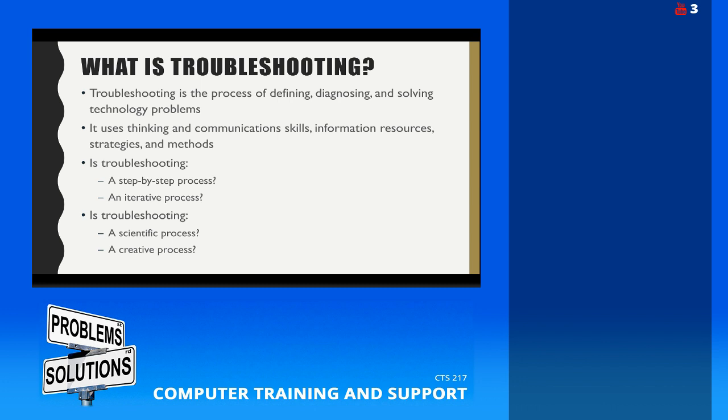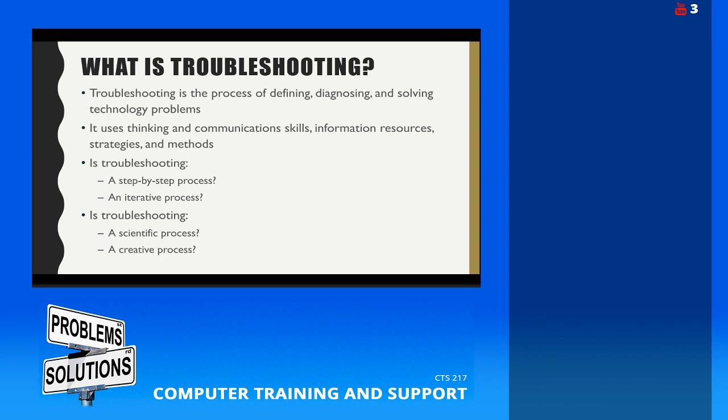When we were thinking about defining troubleshooting, we got the definition as our first bullet point here. Troubleshooting is the process of defining, diagnosing, and solving technology problems. In relation to us, when we're talking about troubleshooting in terms of computer training and support, we're talking about technology problems.